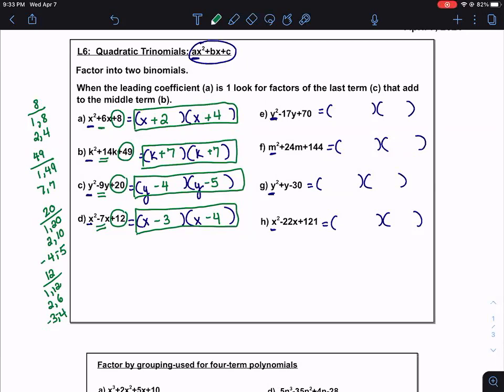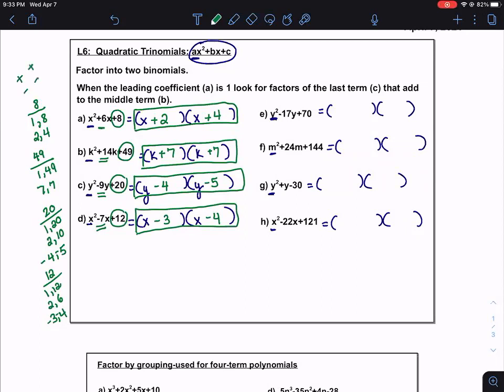Okay, and if it's negative in the first term, in the second term, the sign in the parentheses is always going to be negative. So if the last term is positive, you can only get to a positive with 2 positives or 2 negatives.